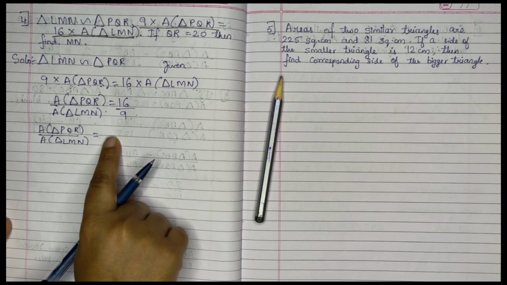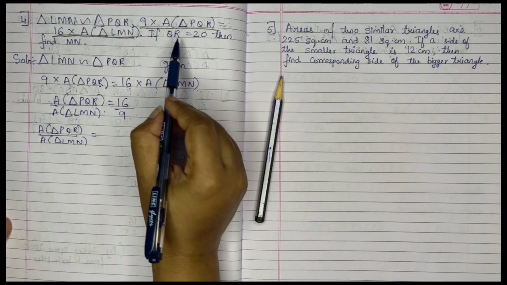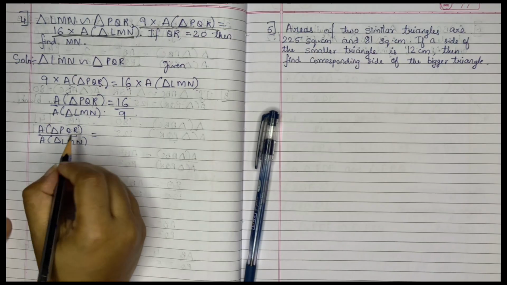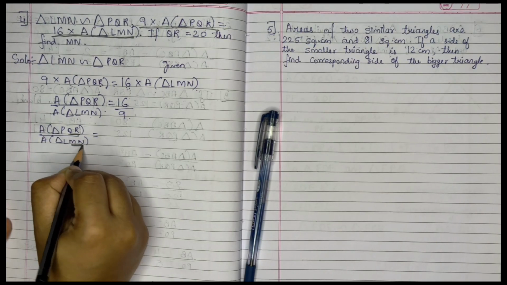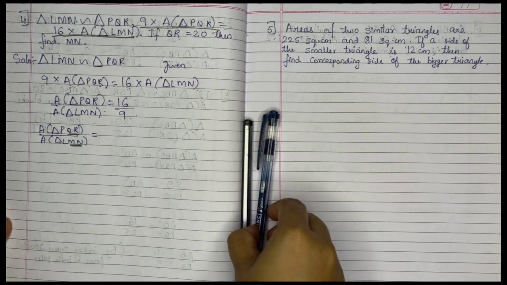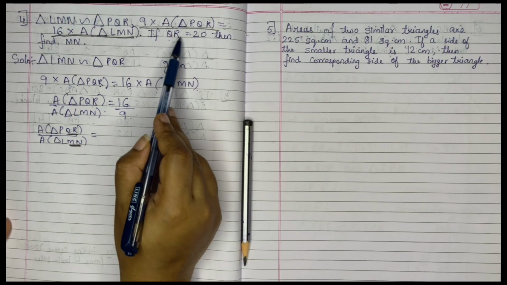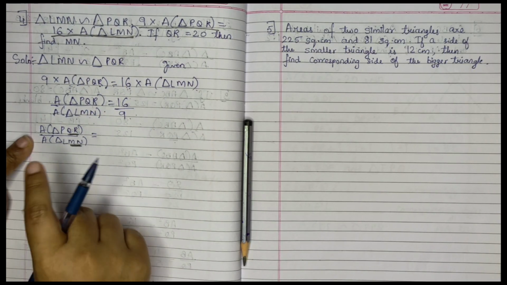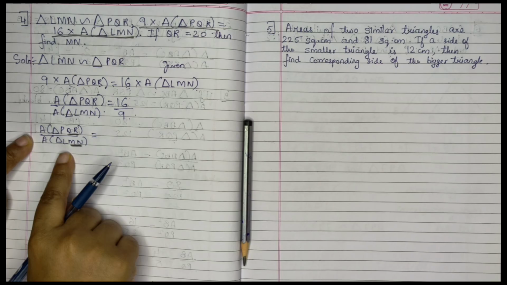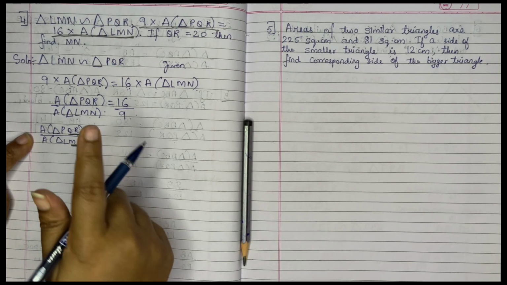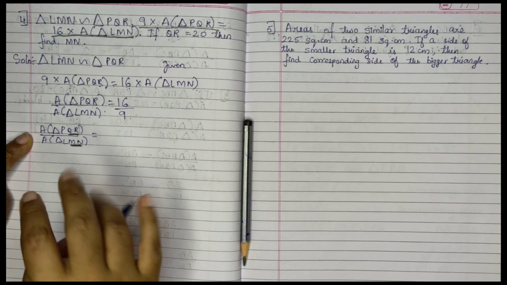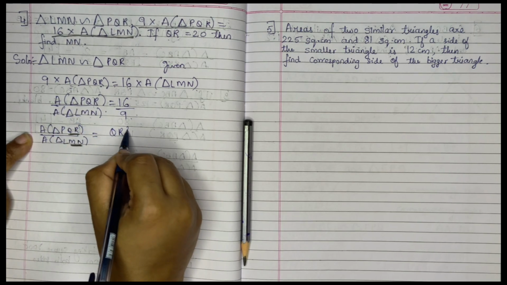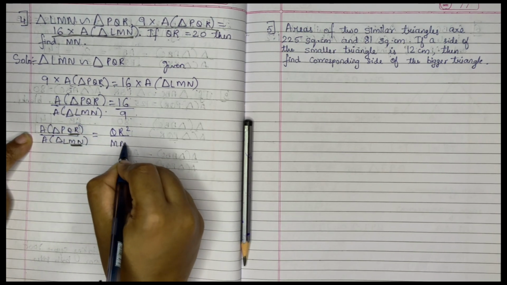What is given here is QR and MN, so we are going to use these two sides and take their squares. QR is given 20 and MN we have to find. The ratio of the areas of two triangles is equal to the square of their corresponding sides, so QR square upon MN square.